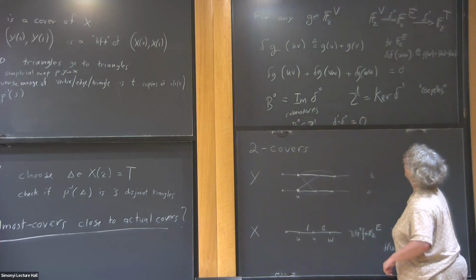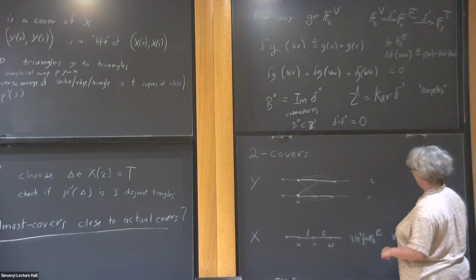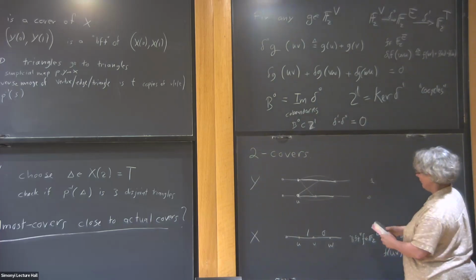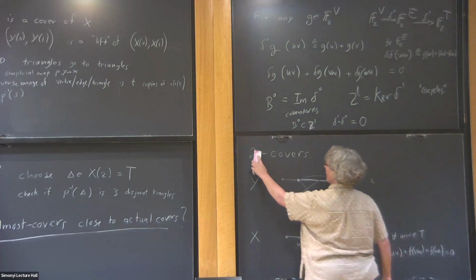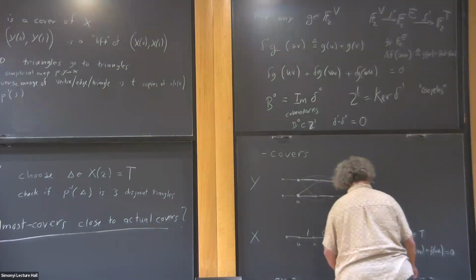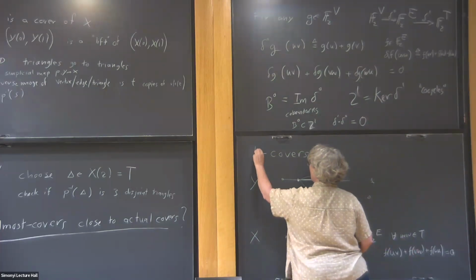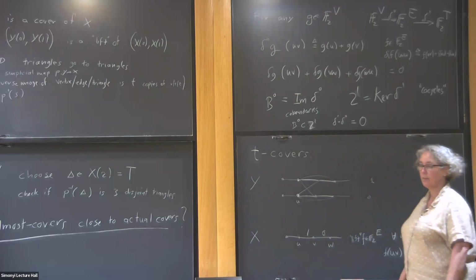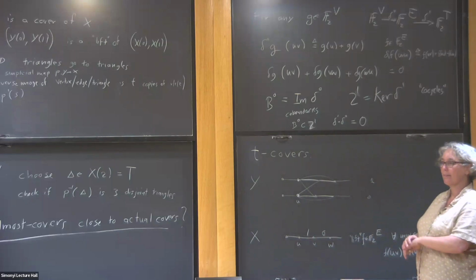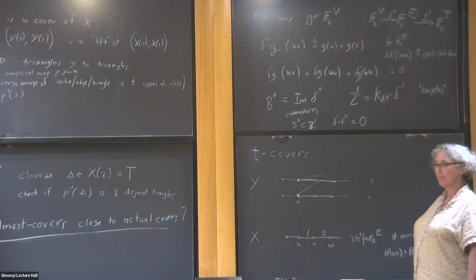Maybe I can also say what happens when we move to not two covers, but more general T covers. In general, there's always the trivial cover, when you just have two copies, and if there's no cohomology with it, that's the only one.